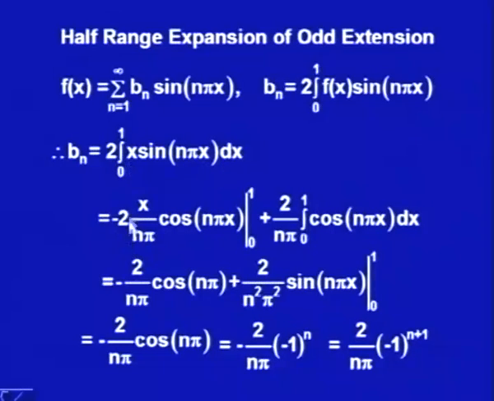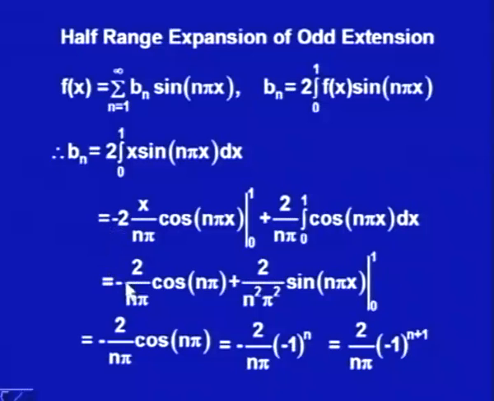So this integral would be minus 2 x upon n pi cos n pi x from 0 to 1 plus 2 upon n pi times the integral from 0 to 1 of cos n pi x dx, because the derivative of x is 1. Here when I put x equal to 1, I will get cos n pi and 1, and when x is equal to 0, this will give me 0.